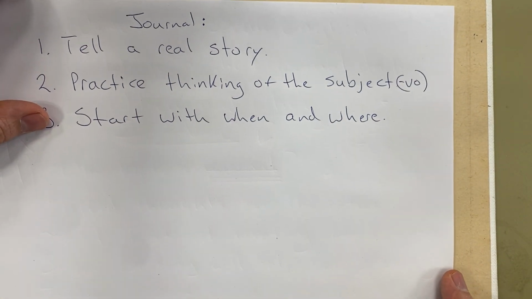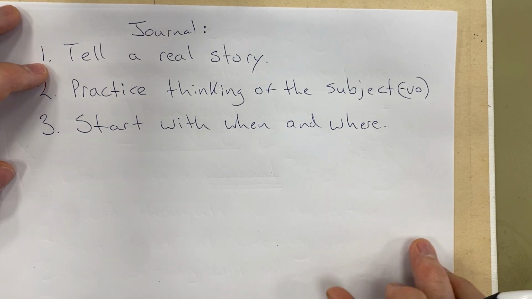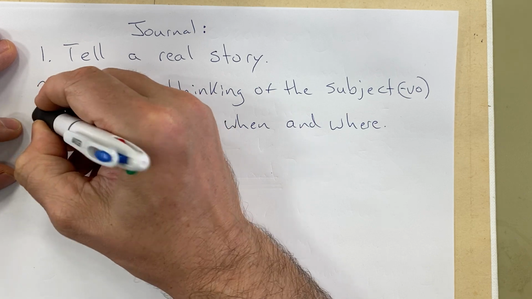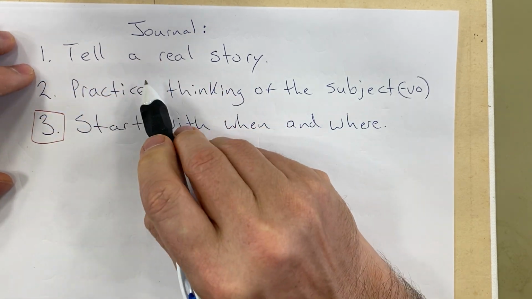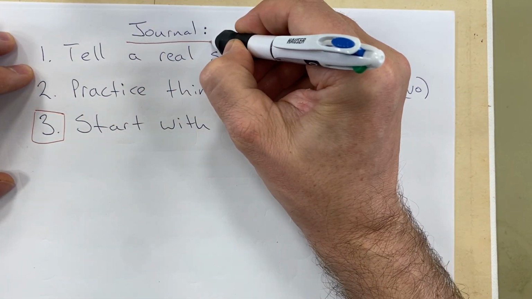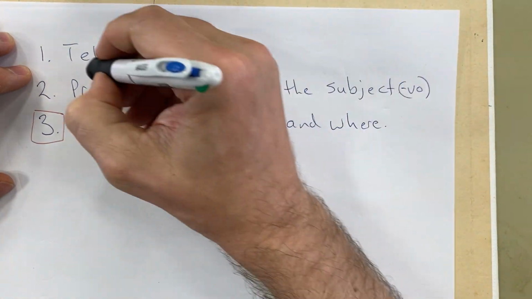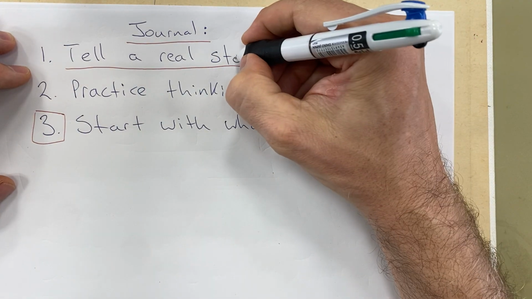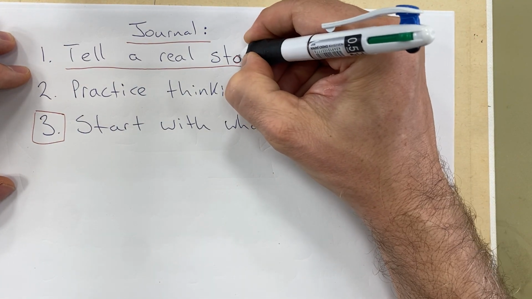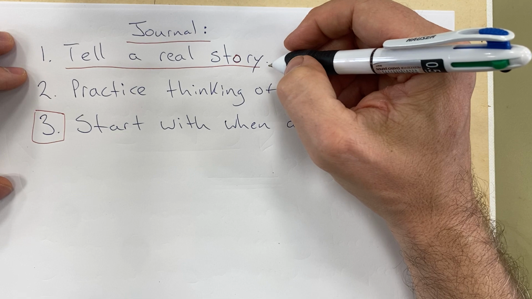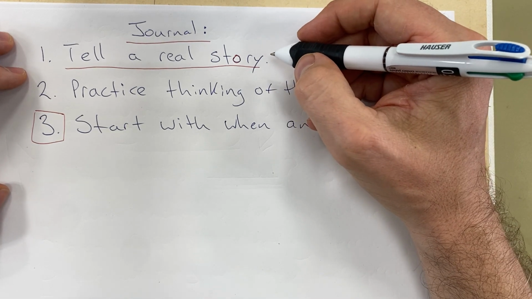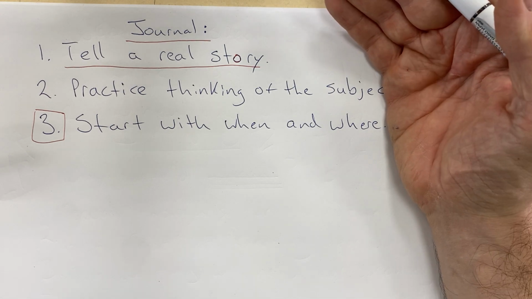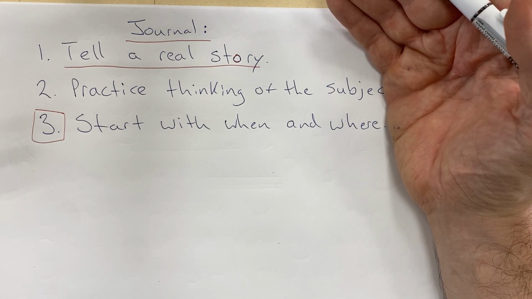And in your journal, there's 3 tips, and the third one is the trick to get you into the past tense. So let's just see what the journal is first and what you should do. So number 1 is tell a real story. Why should you tell a real story? Now, when you hear story, you think about a fairy tale, you think about a movie, you think about a book, a novel.